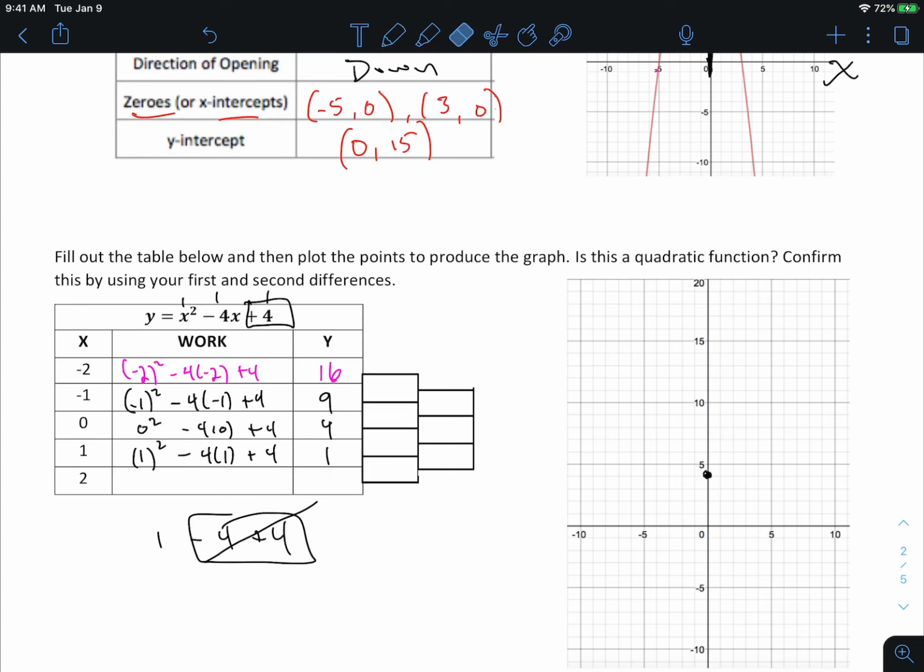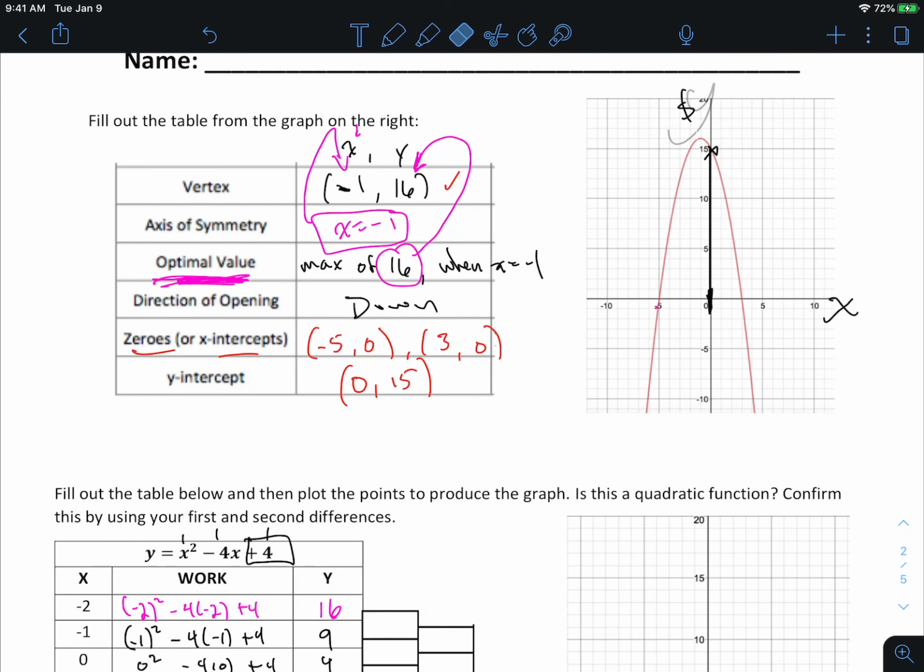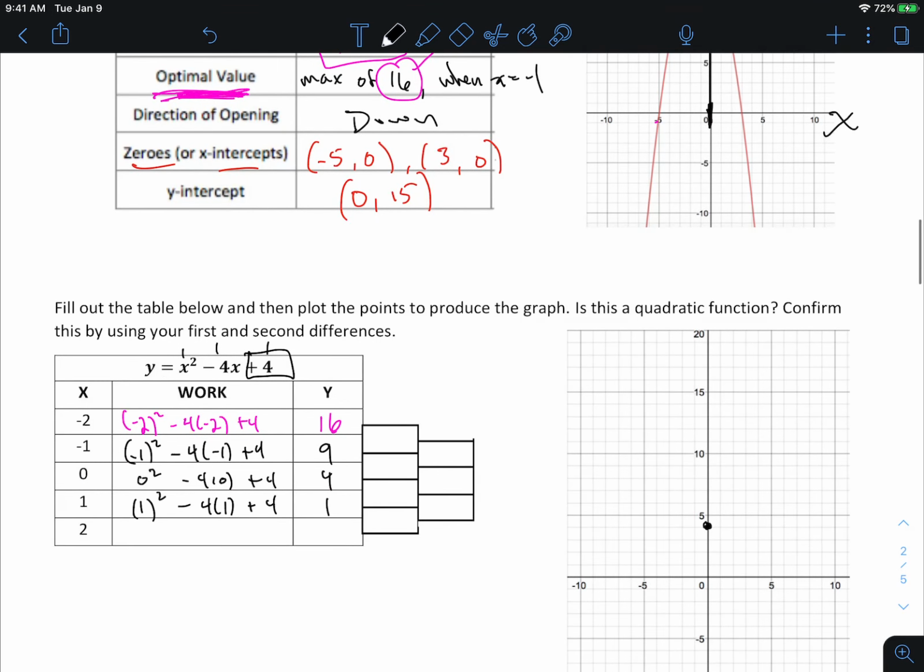So let's try the next one. Okay. Before we go any further, what I was expecting there is that there should be some symmetry, as we talked about up here, around the vertex, right? There should be symmetry. We just haven't hit the vertex yet. So we're going to keep going down here.